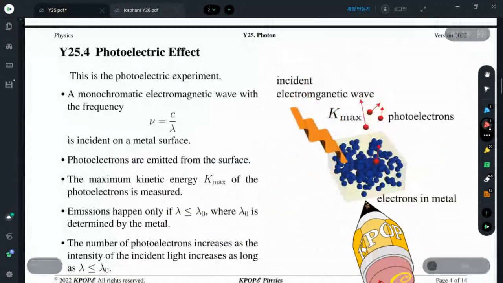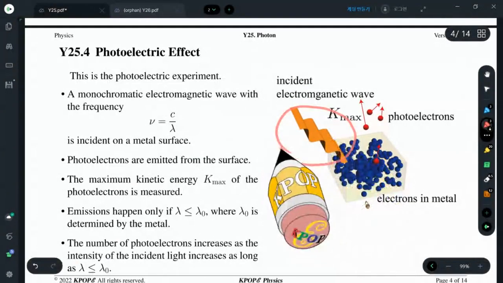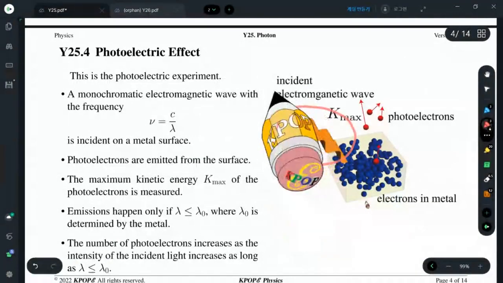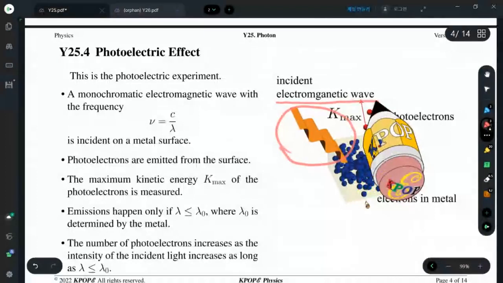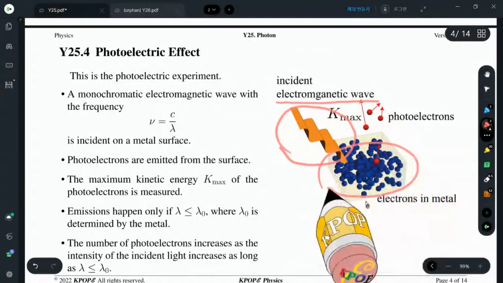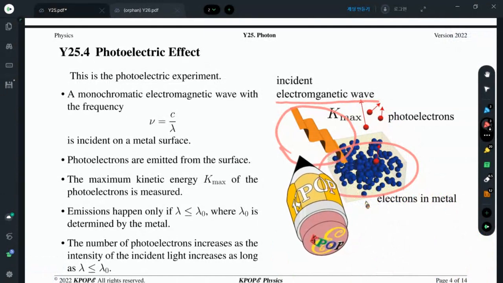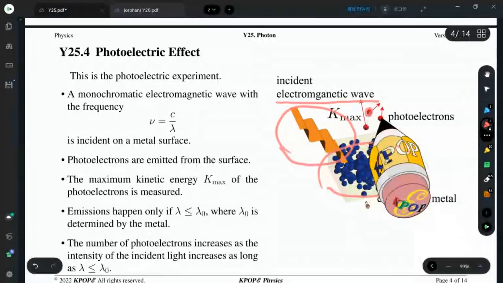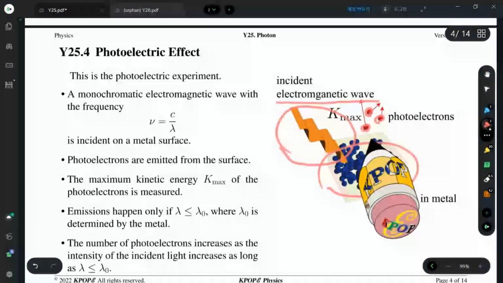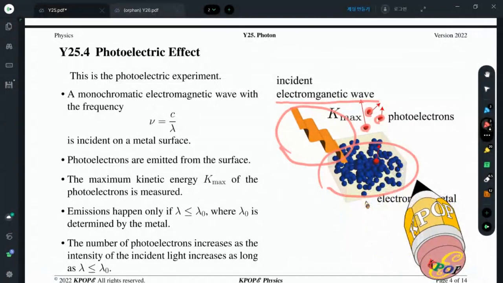And it was tested by making use of an incident electromagnetic wave on the surface of a matter, and the result is that electrons are emitted from the metal surface.